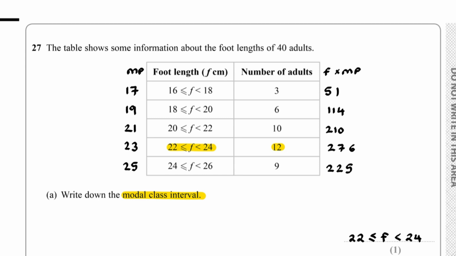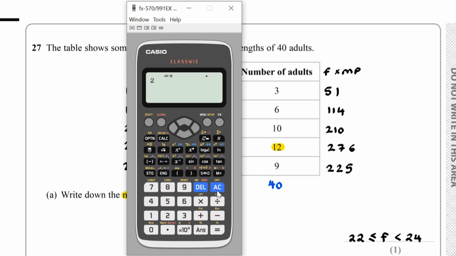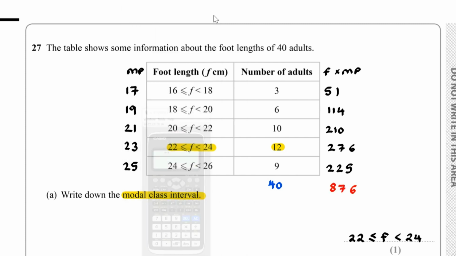Now if I add up all the number of adults, I would get 40, and if I add up all of this, well, we would have 51 plus 114 plus 210 plus 276 plus 225, which is 876.